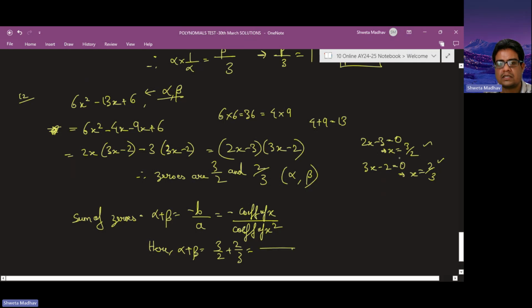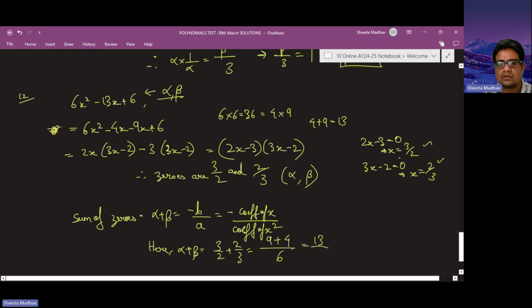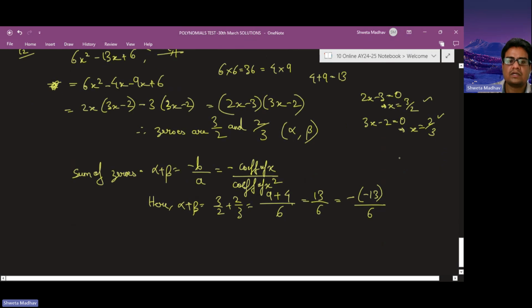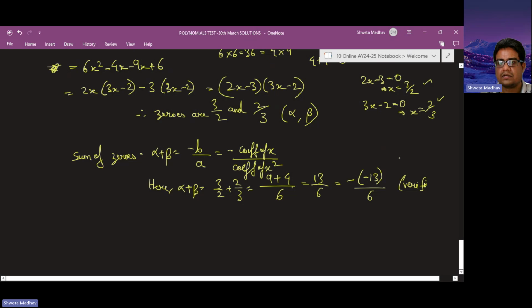And that we will get as, the sum of 2 and 3 is 6. So 2 3s are 6, 9, 3 2s are 6, 3 is 4, so 13 by 6. Which is obviously equal to minus of b by a, which is minus of minus 13 by 6. So hence it is verified. This is the sum of the zeros that is being verified.